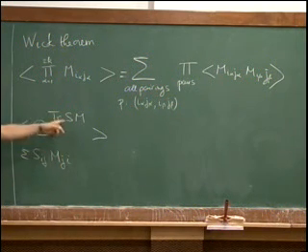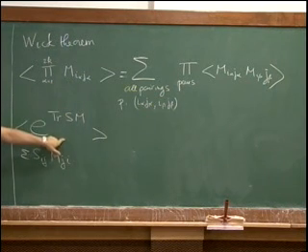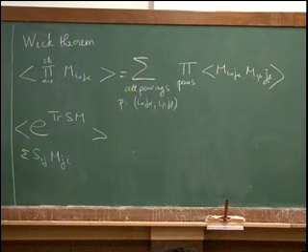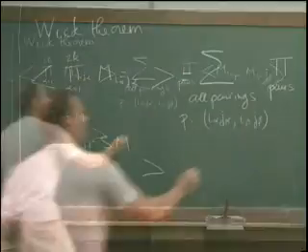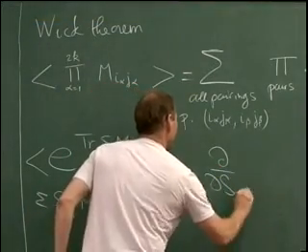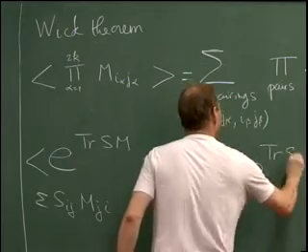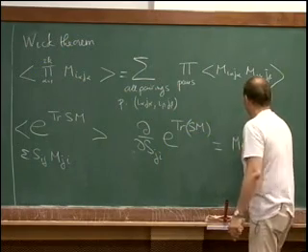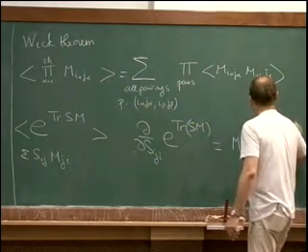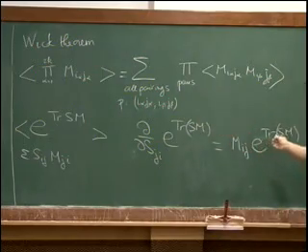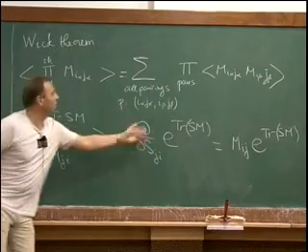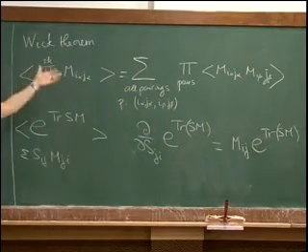So if you want to have inside your bracket any product of M_ij's, you just take this thing and take derivatives with respect to the S_ji, actually. The d/dS_ji of e^(trace SM) is equal to M_ij e^(trace SM). Simple. So you see that if I can compute this thing, then taking a number of derivatives will give me whatever result I want.